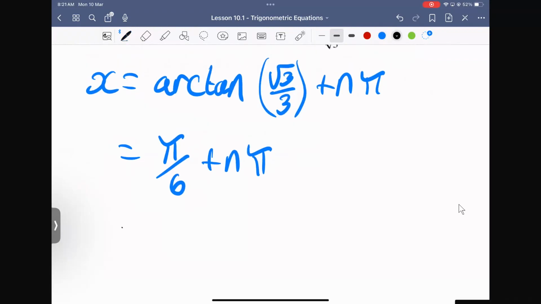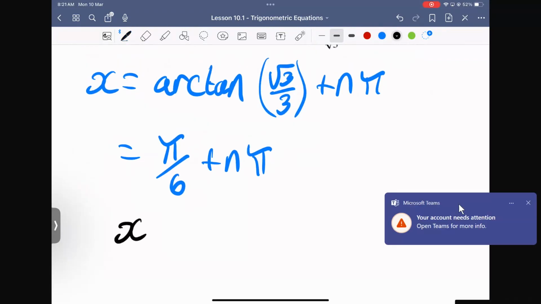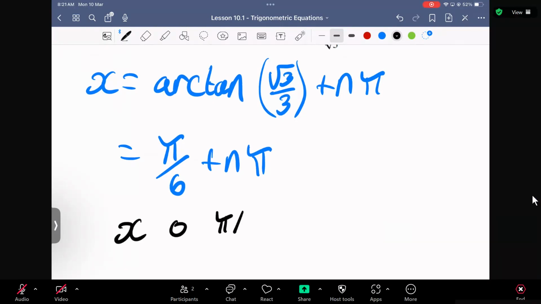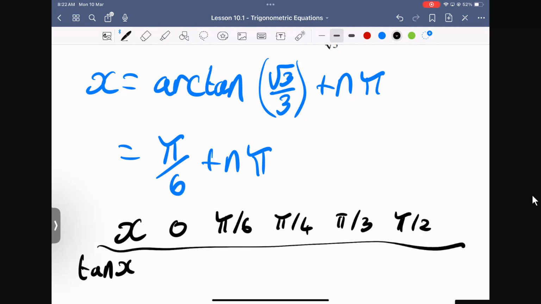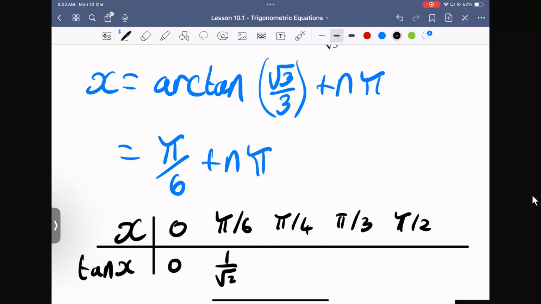So let's have a quick reminder of the exact value table values for tangent. Just a quick reminder here, we're going to have 0, 1 over root 3, 1, root 3, undefined.